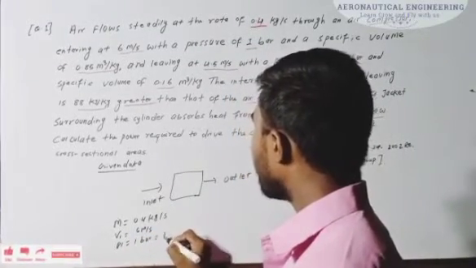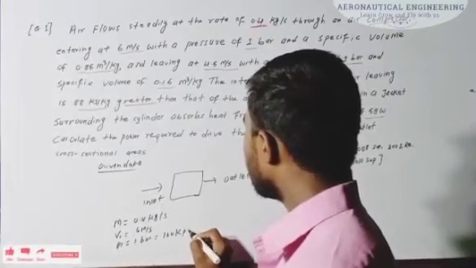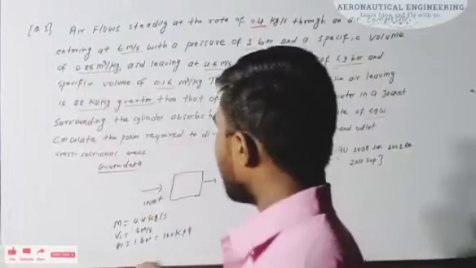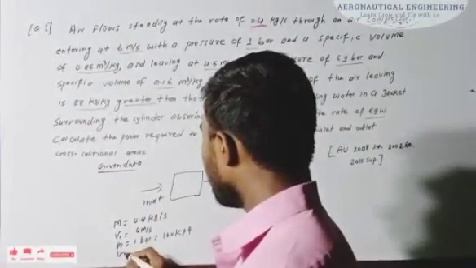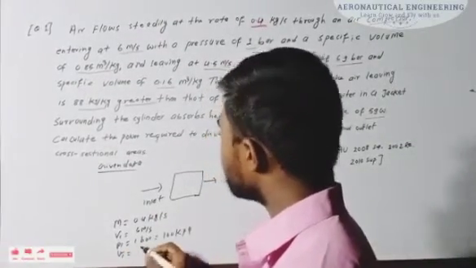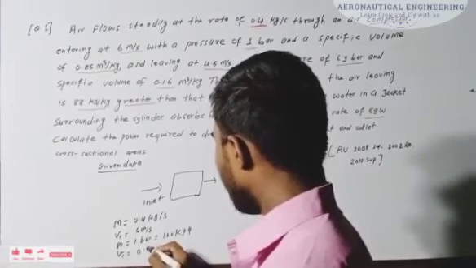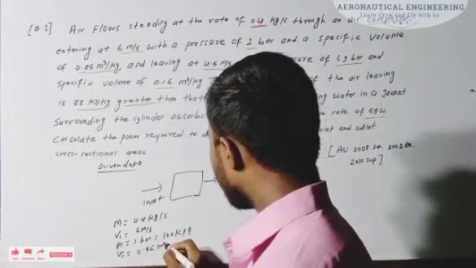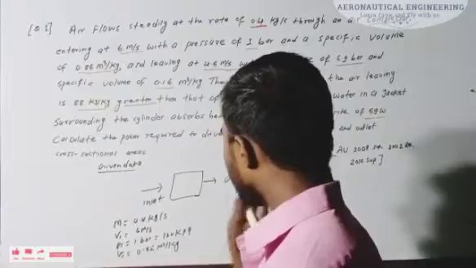You know that 1 bar equals 100 kilopascal. The specific volume, small v1, is 0.85 meter cube per kg.